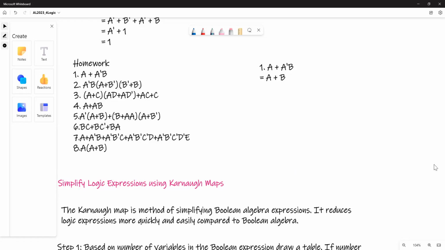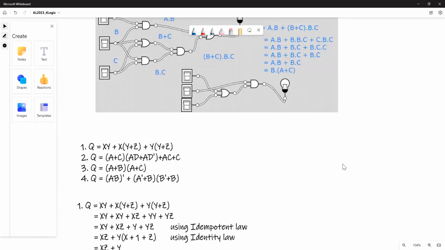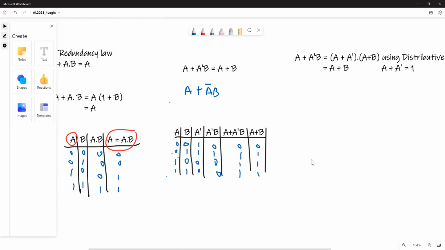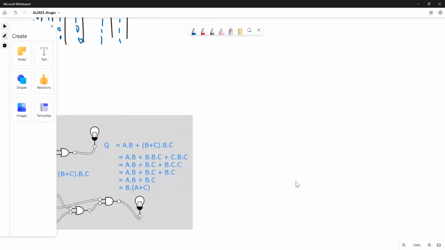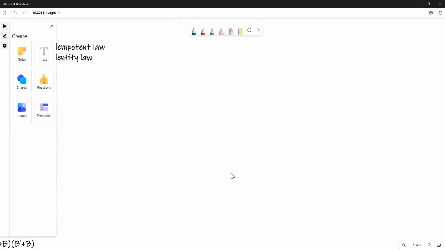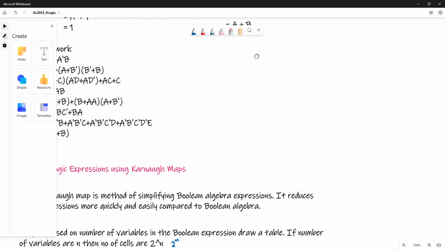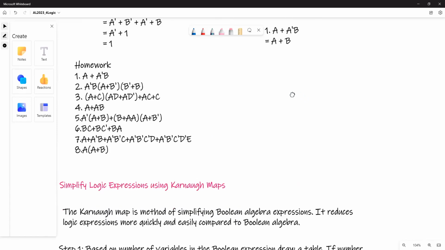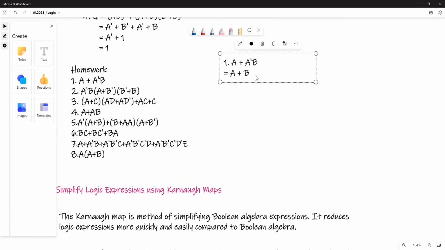Now we have already done this. I can show you again. A plus A bar B, we already know it's A plus B. So you can directly write it, so this is perfectly all right. But when you write, make sure that you write the reason as well. So how do you get this?